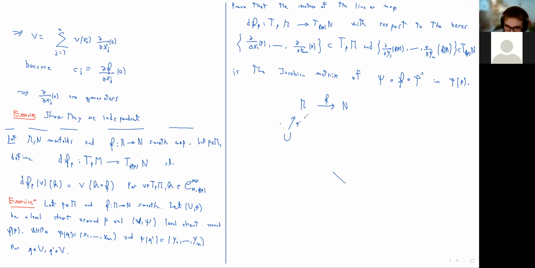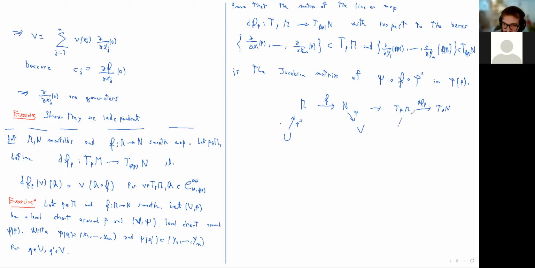Because this is phi inverse. This is psi v. So we know that this F gives rise to df of p, so dpm, dpn.